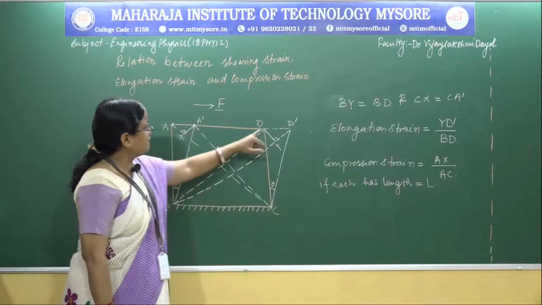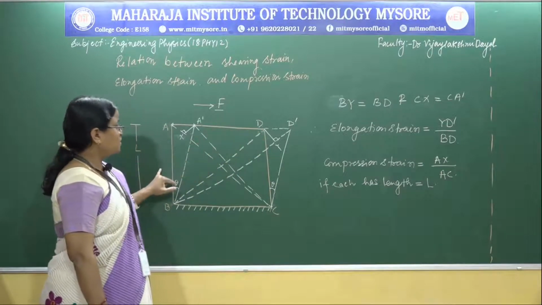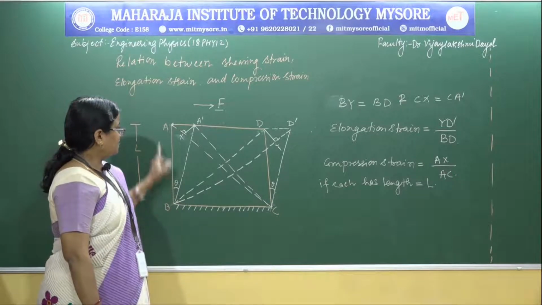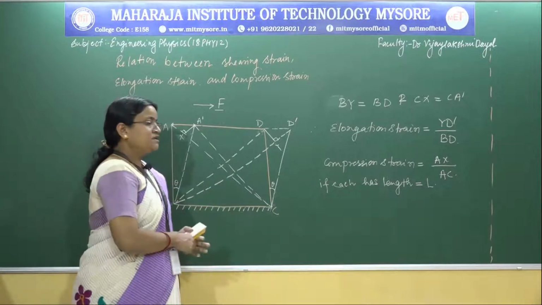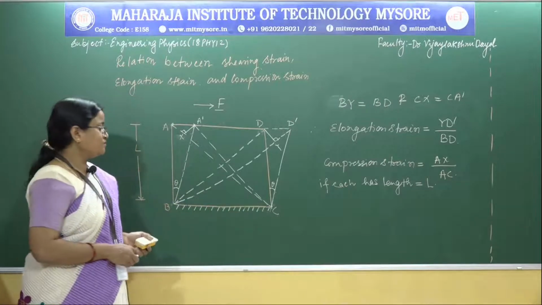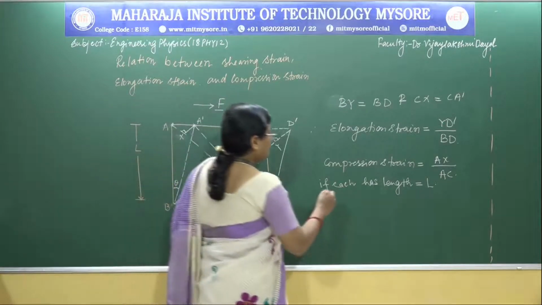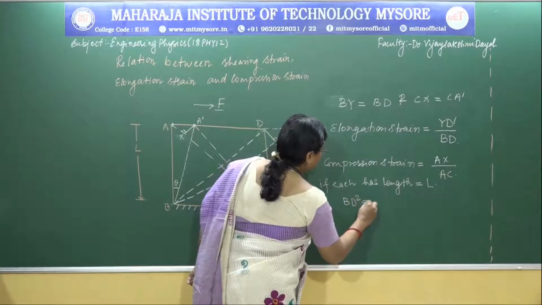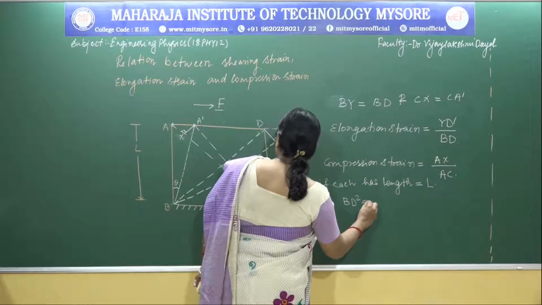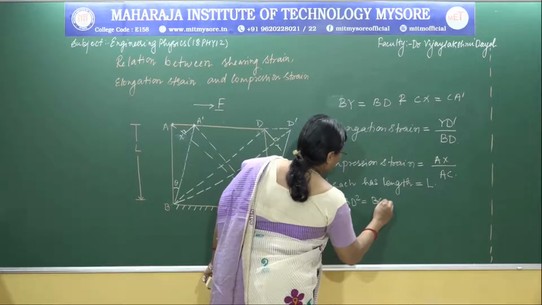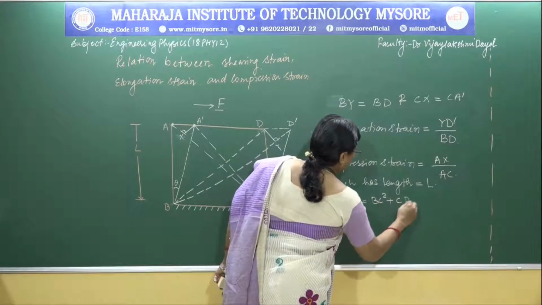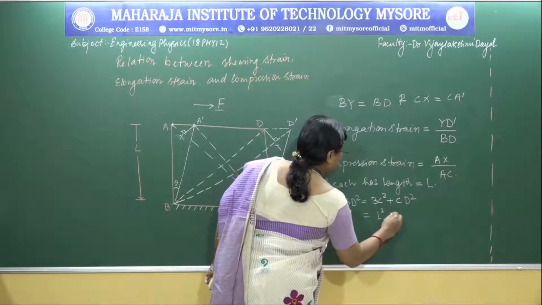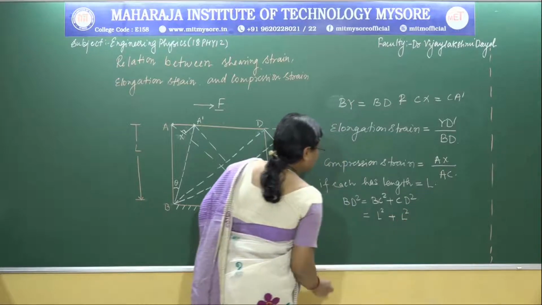So, BD square will be equal to L square plus L square, and if you solve it, you will get BD equal to AC, that is equal to root of 2L. So, we can write it as BD square will be equal to BC square plus CD square, and as the length of each side is L, it will be L square plus L square.